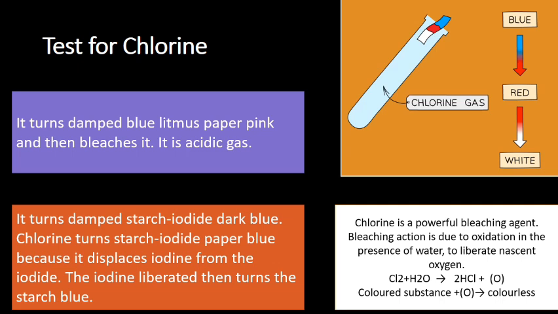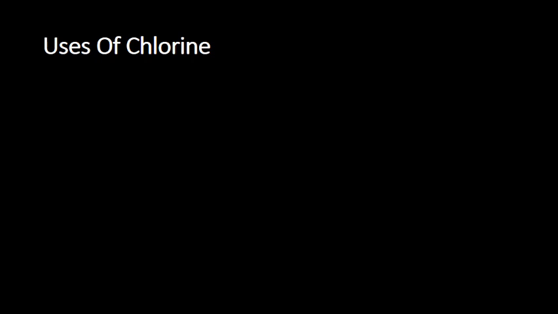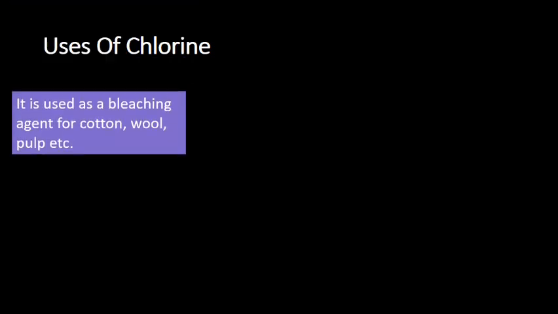So chlorine is used as a bleaching agent for cotton, wool, or pulp.